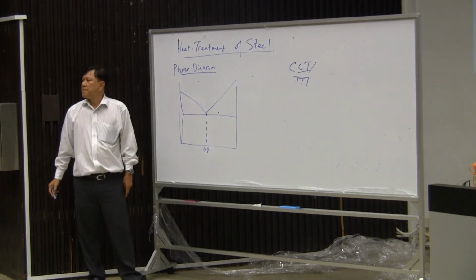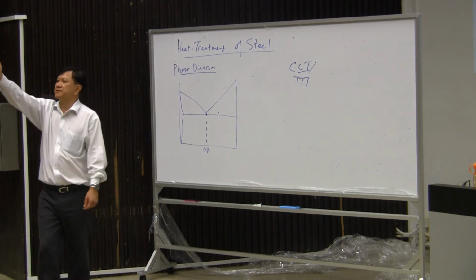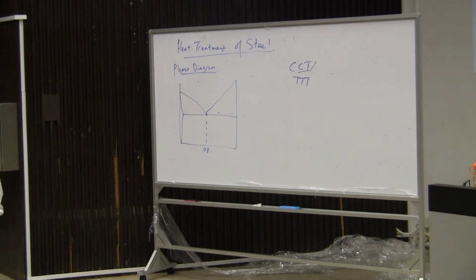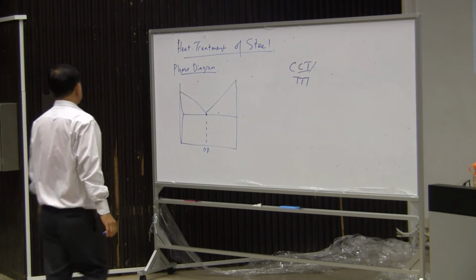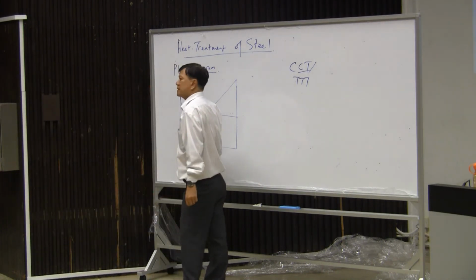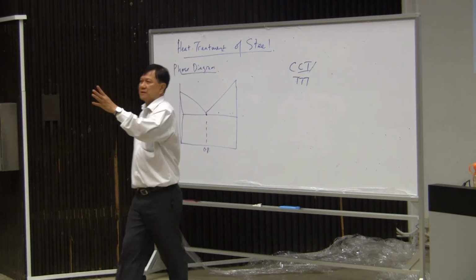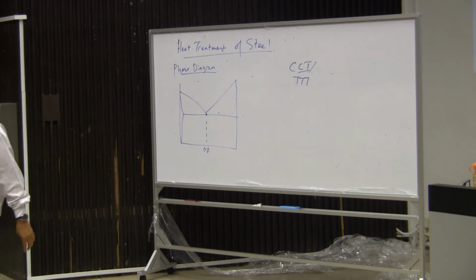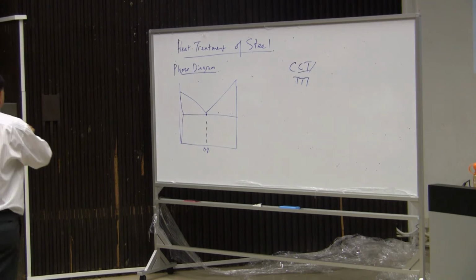0.8. Usually, when you use steel, the carbon content is normally less than 0.8, because less than 0.8, your steel is what type of steel? Hypoeutectoid steel. Hypoeutectoid steel contains what?